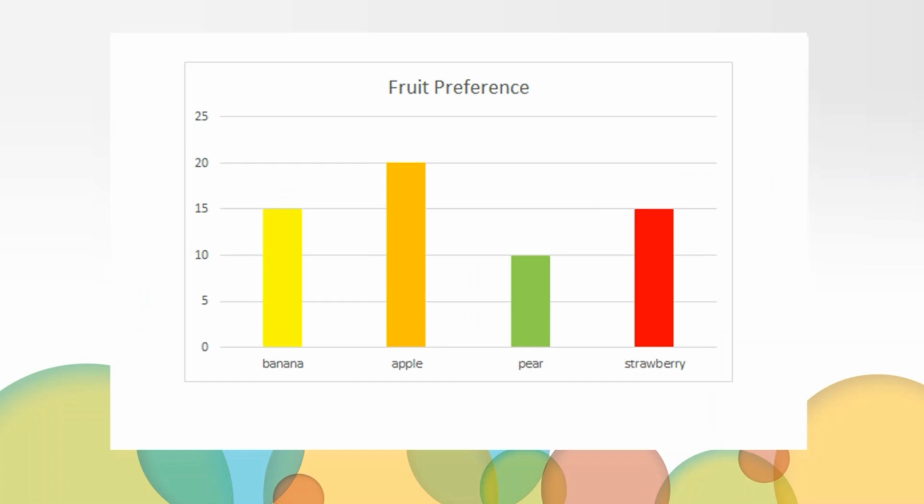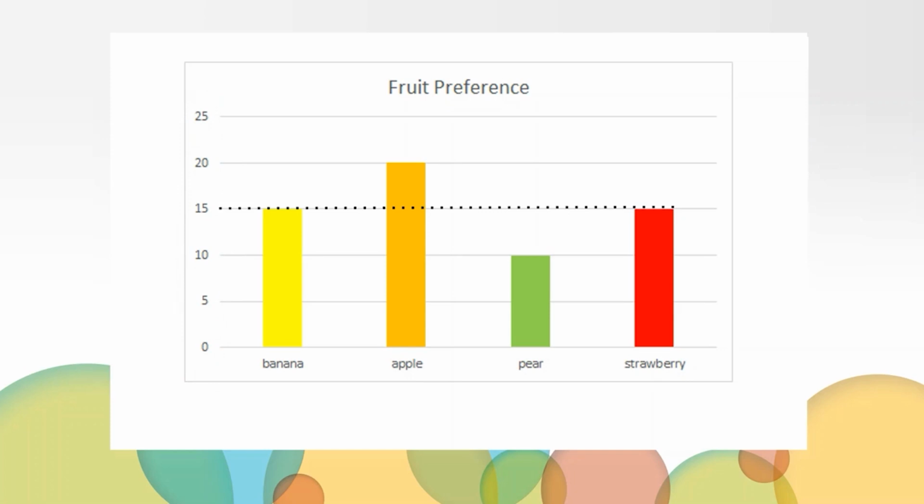Let's zoom in and take a closer look at the bar graph. What do you notice about the bar graph? You might have noticed that the scale on the side is counting by fives. You may have also noticed that both the yellow and the red bars are equal, 15.